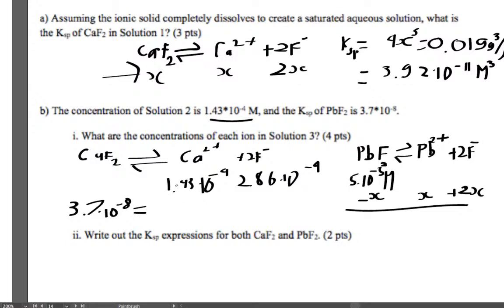No, sorry, 4x cubed over. Oh wait, you also have the over. This entire thing is over x. So this is just 4x squared, I guess.